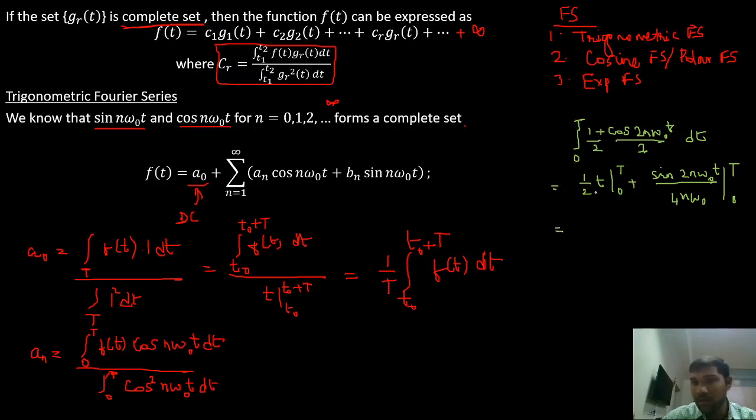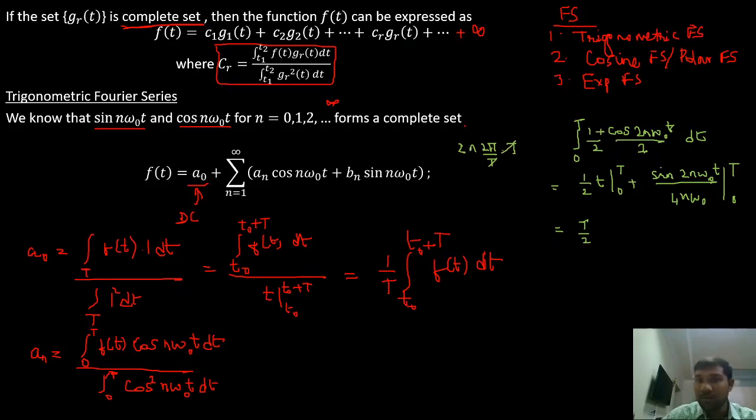So the first term will be equal to T by 2. The second term, let me simplify this term here. 2n omega naught can be written as 2 pi by T, and in place of t, I'll write my upper limit, capital T. What happens? dt gets cancelled.